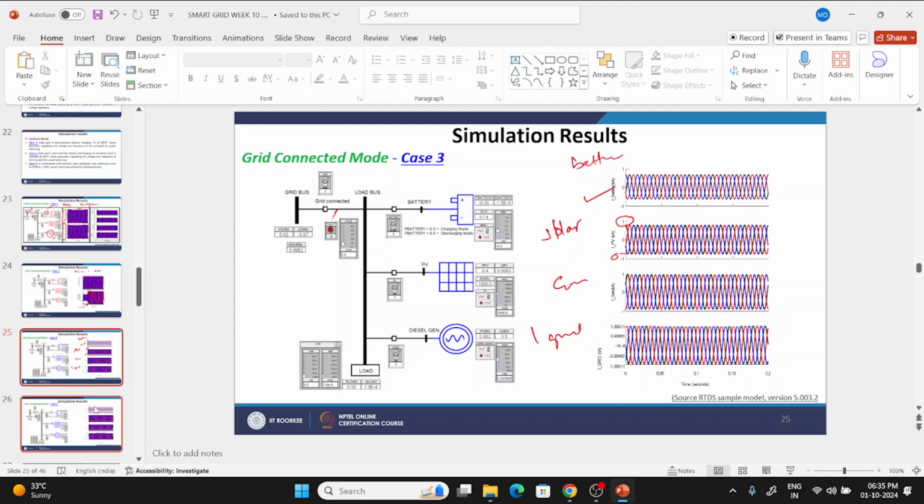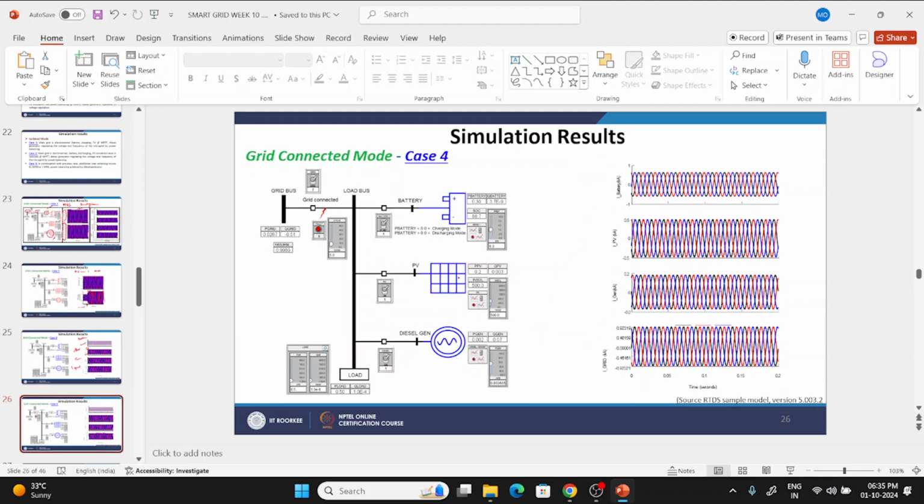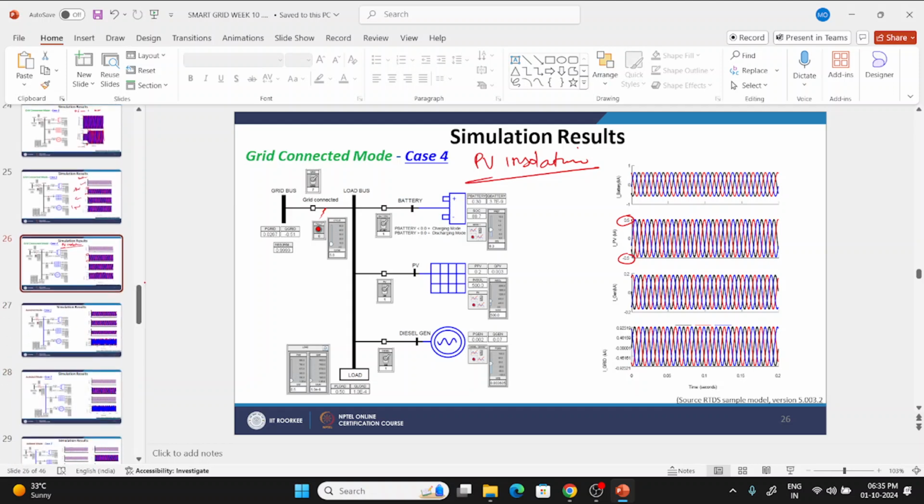For solar PV, the value here is 0.5 and this is -0.5. So the current is decreased, so the output will decrease. Why? Because in case 4, we have assumed that our PV insulation is decreasing. So that's why the operating output characteristics of the solar PV will decrease.